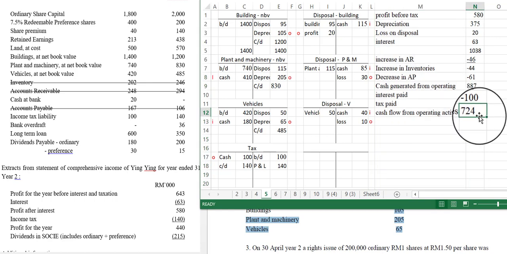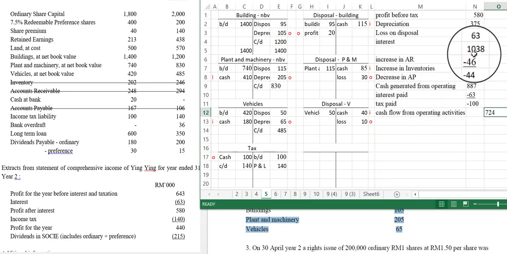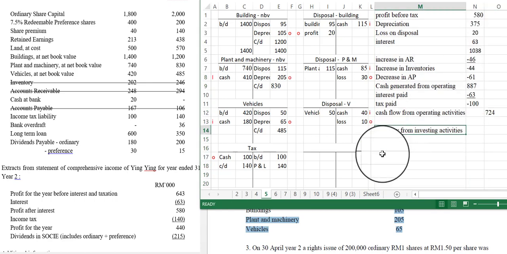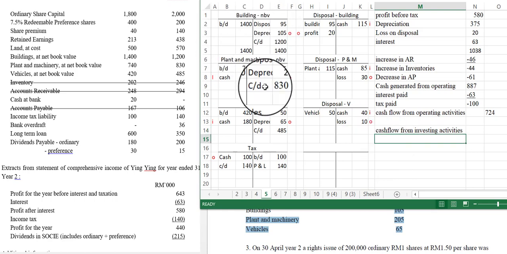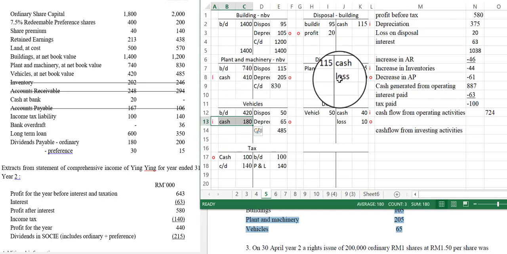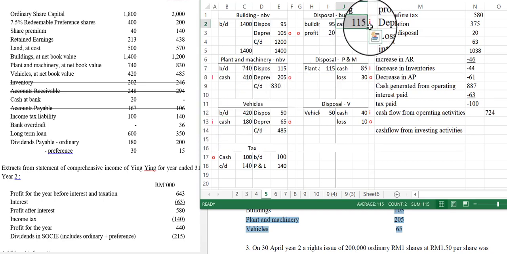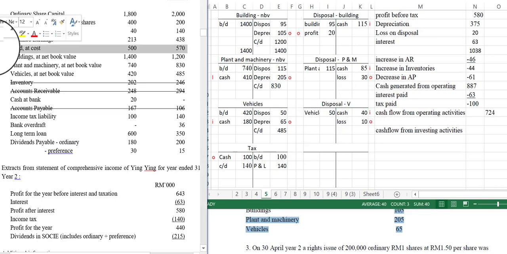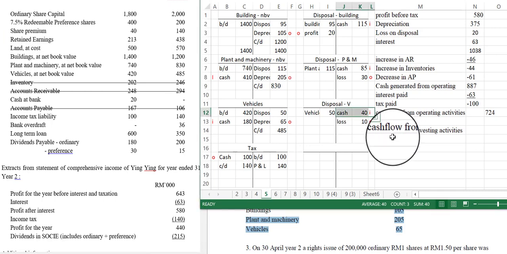So in total, this 724 you should put on next. Now you will have your cash flow from investing activities. If you still remember, just now we have a lot of I's here, right? I, 1, 2, 3, 4, 5, and one more thing. Here you have land. Land is from your investing activities.